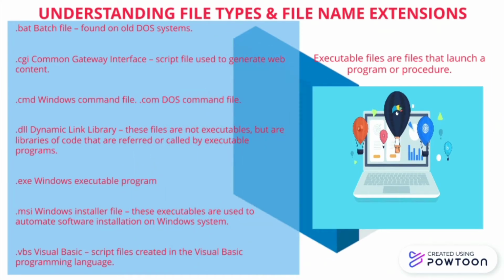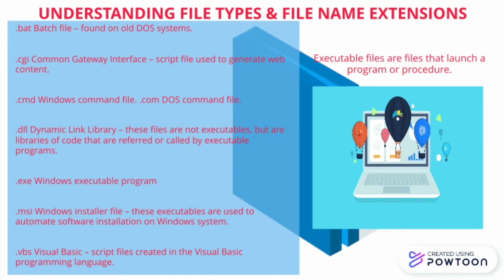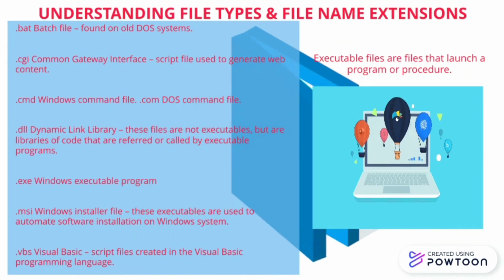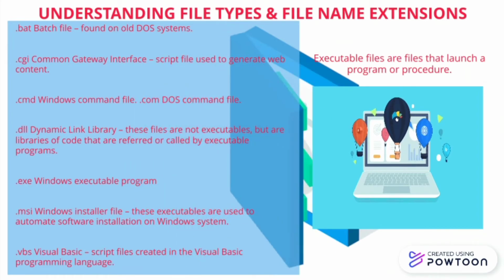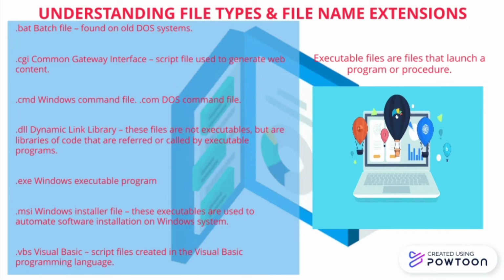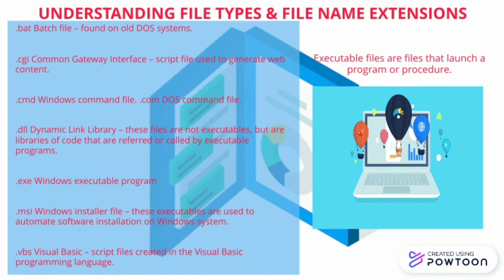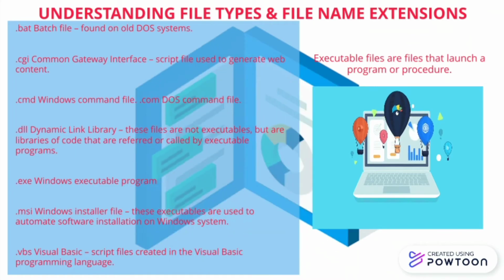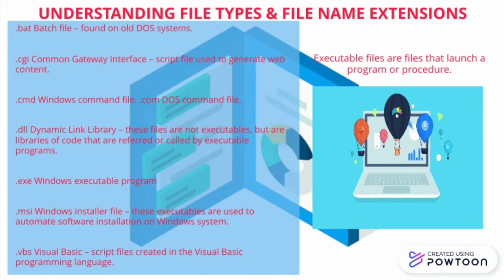These files are not executables, but are libraries of code that are referred or called by executable programs. .exe, Windows executable program. .msi, Windows installer file. These executables are used to automate software installation on Windows systems. .vbs, Visual Basic script files created in the Visual Basic programming language.